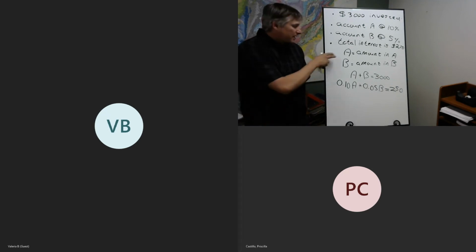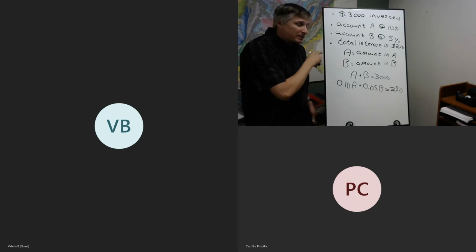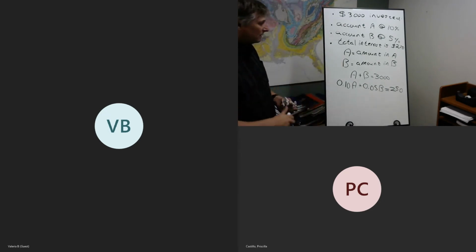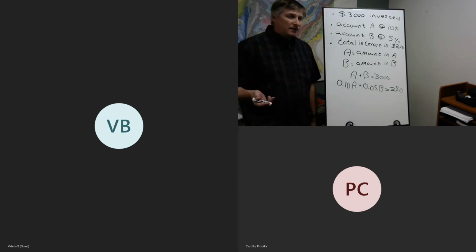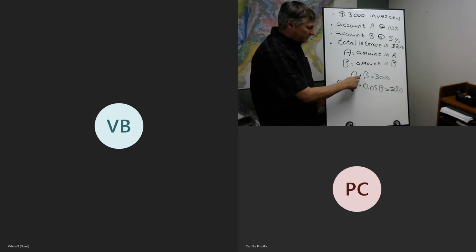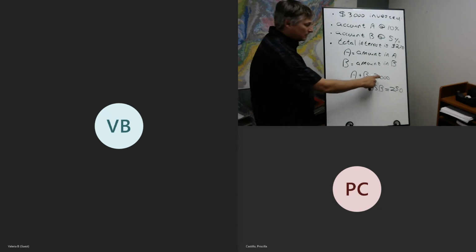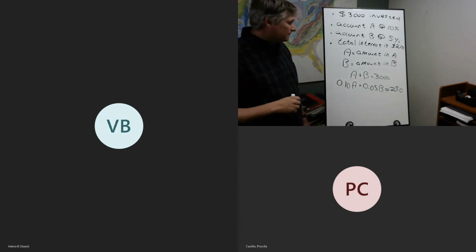So what we do is we say A is the amount of money in account A, B is the amount of money in account B. The total amount of money invested is the amount in A plus the amount in B, and that total is going to be $3,000.